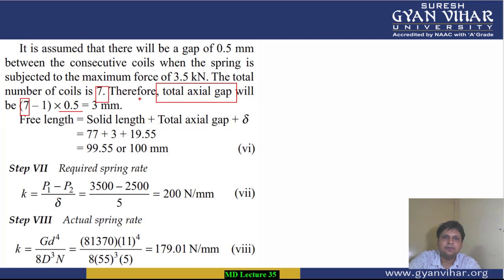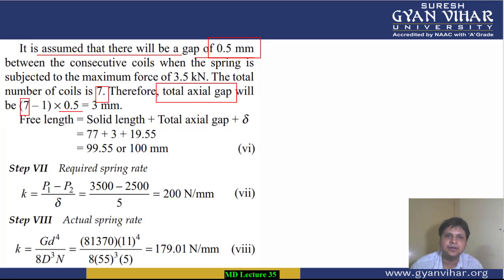So total axial gap will be equal to what? Gap between adjacent coils is 0.5. We are assuming it. It is not given in the numerical. As I have already told you, we will have to assume some values which are not given in the numerical, like the gap. So we can take some value which is practically possible. 0.5 mm is the generally common gap taken between two coils in the case of a helical spring.